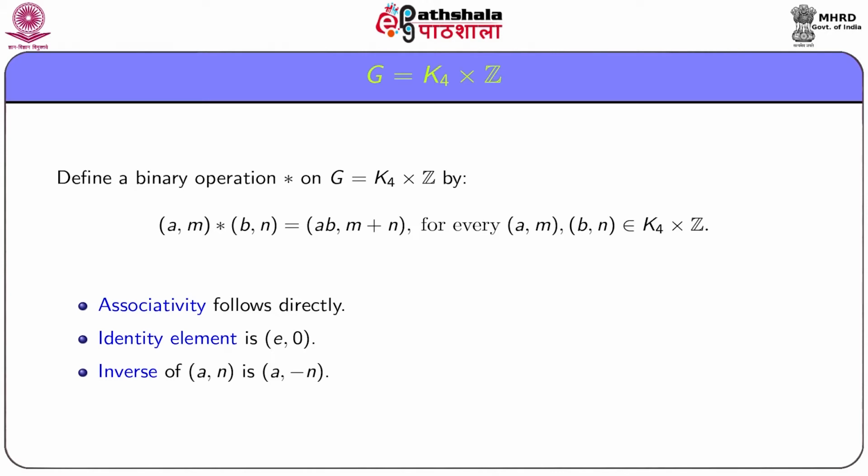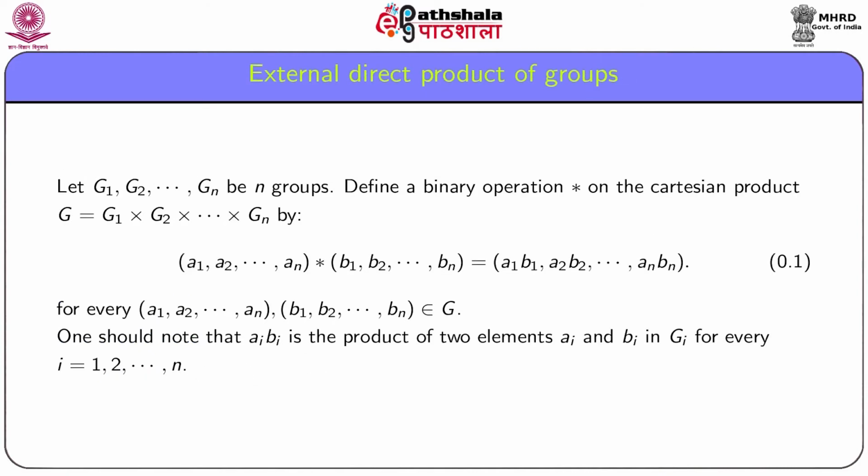Now, we generalize this to a product of n groups. Consider n groups G1, G2, up to Gn. Now, we define a binary operation star on the Cartesian product G of these n groups.